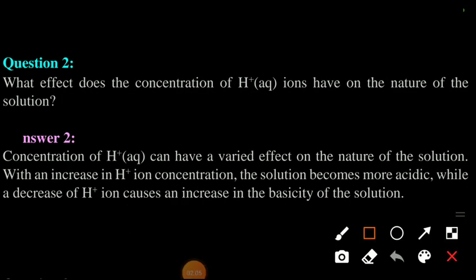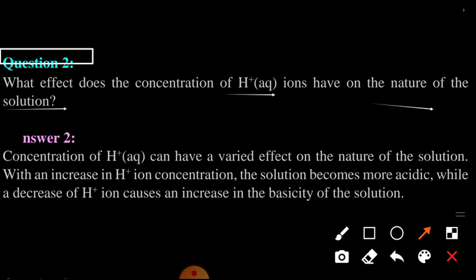Question number 2 is: what effect does the concentration of H+(aq) ions have on the nature of the solution? So here as the H+(aq) ion concentration will increase, the acidity of the solution will increase. H+(aq) ions are responsible for the acidity. So as their concentration will increase, acidity will increase.